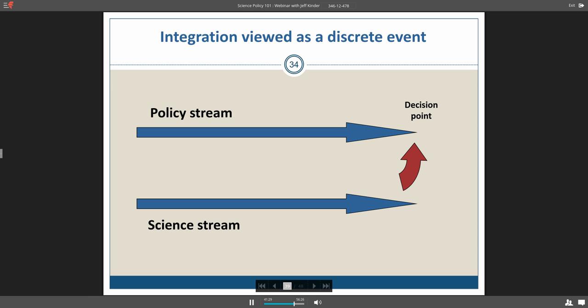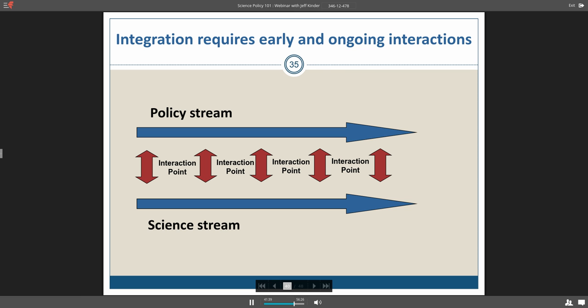A few more thoughts. So again, to come back to this notion that if we think of integration only as something that needs to happen when a decision is required, we'll never be successful. We need to move to early and ongoing interactions between the two streams of policy and science.